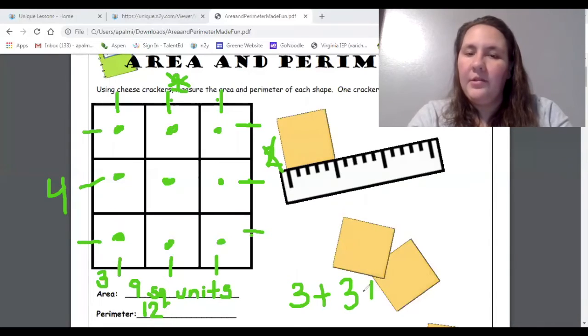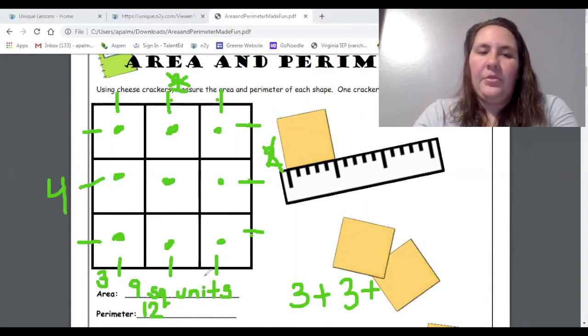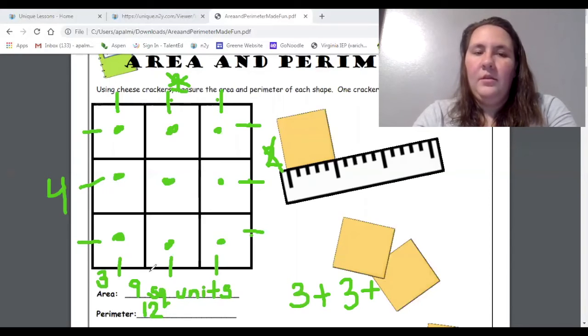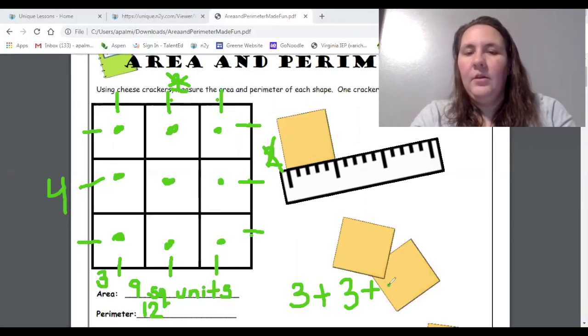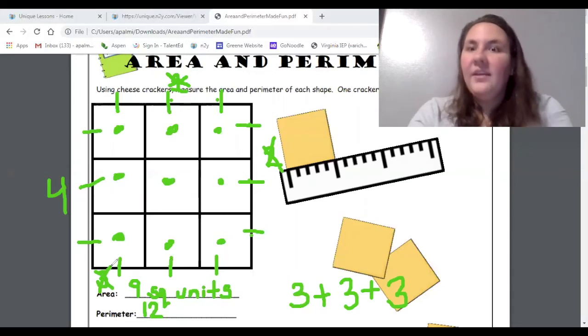So I'm going to put a plus because I'm adding more. And I need to know how many are on side 3. Ready? 1, 2, 3. Okay. Put my 3. I cross out my 3 for that side because I got that side. And am I done or do I have one more side? Yeah, I have one more side.